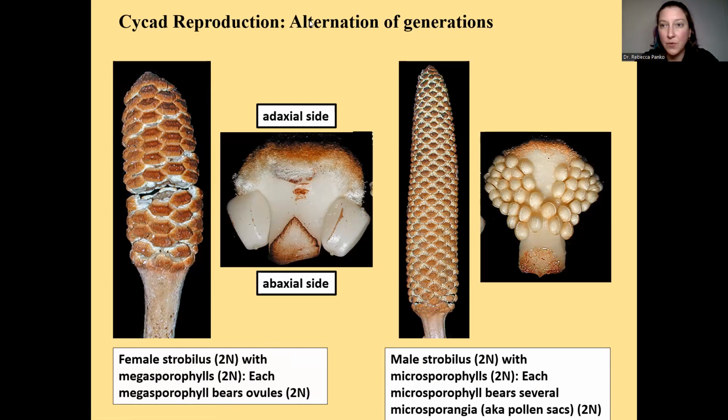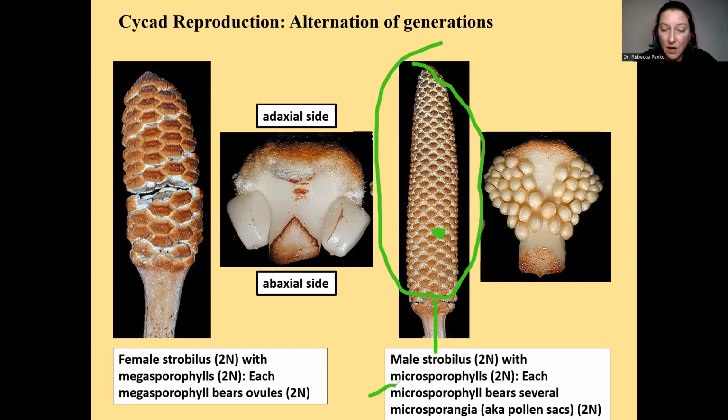So if we were to look at this, this is the whole male strobilus, right? So it has a stem and leaves on it, and the leaves have sporangia on them.